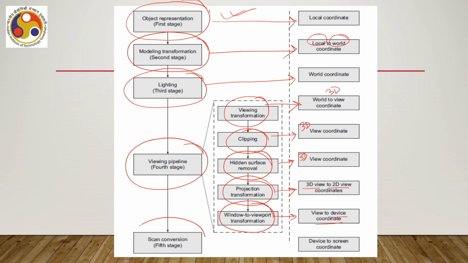The fifth and final stage is scan conversion, where we transform from the device coordinate scene description to screen coordinate or pixel grid description of the scene. So, these are the 5 stages. Out of these we have already covered the first one, and we are going to cover these 2 stages, namely modeling transformation and the lighting, or the second and third stages in this part of the lecture.